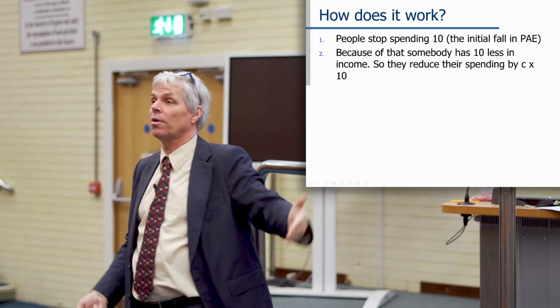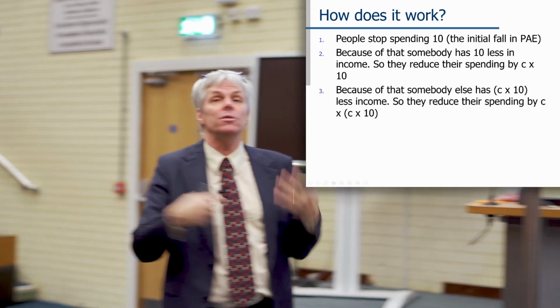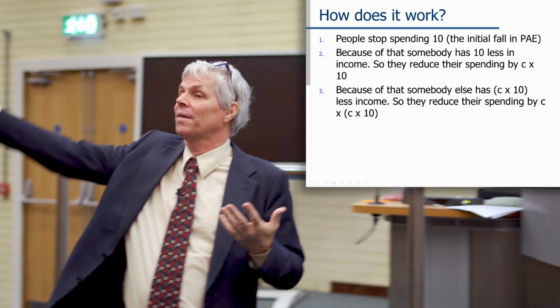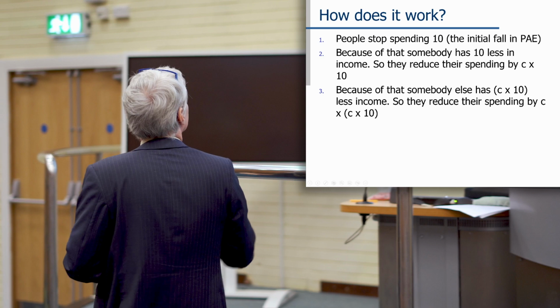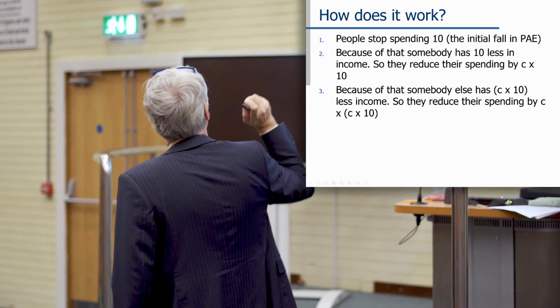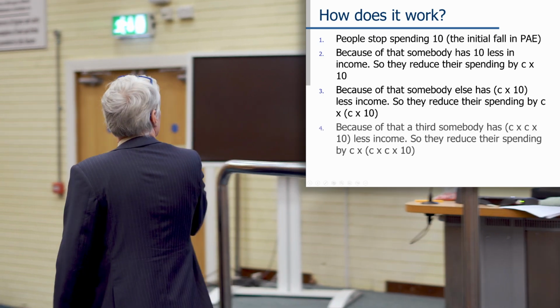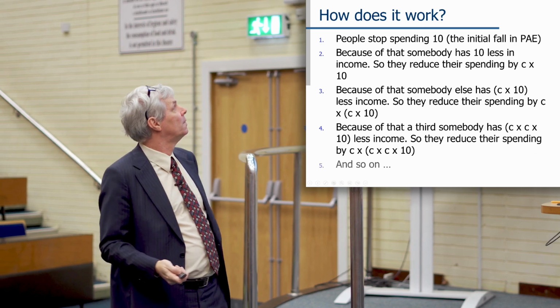And so that barber feels poor by C times 10, and so he's going to reduce his spending by C times the amount that he feels poor. Right? And so his spending falls by C squared times 10. And then, of course, he was going to a barber, and that barber feels poor, and so on and so on and so forth. Okay.